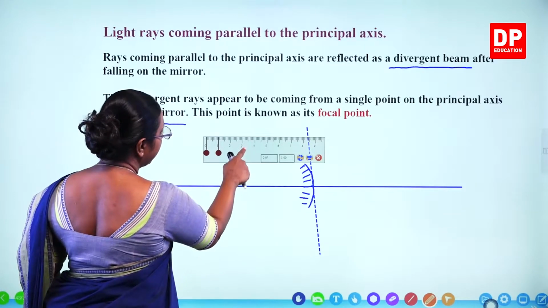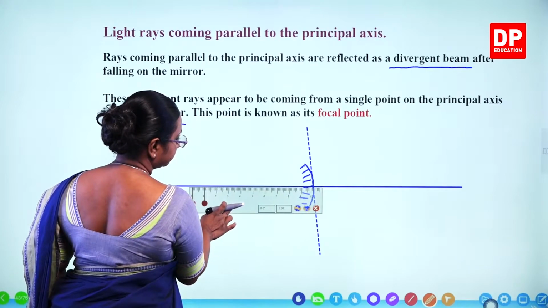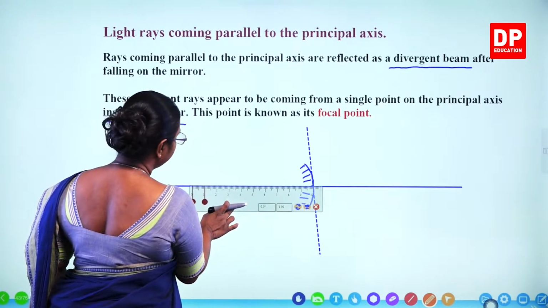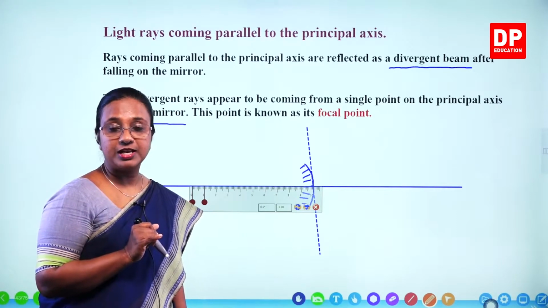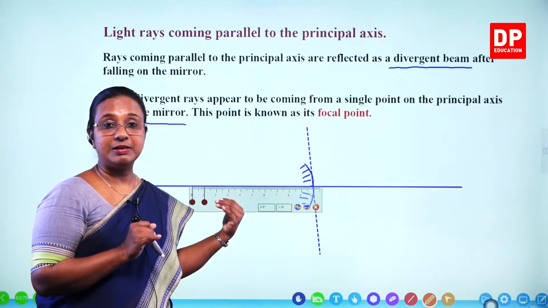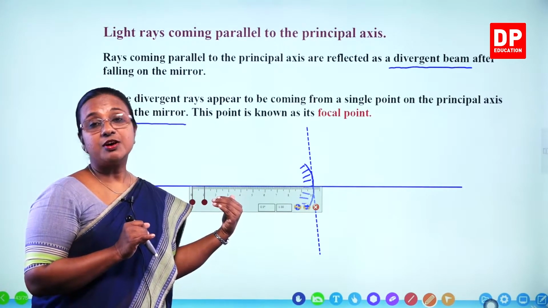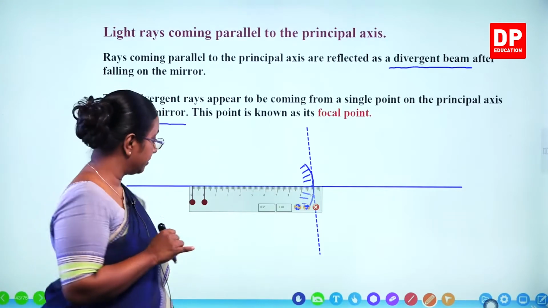So again, I will mark it. Like I used before, I'll use 5 cm as the focal length, and therefore 10 cm will be the radius of curvature, where you get point C, that is the center of curvature.